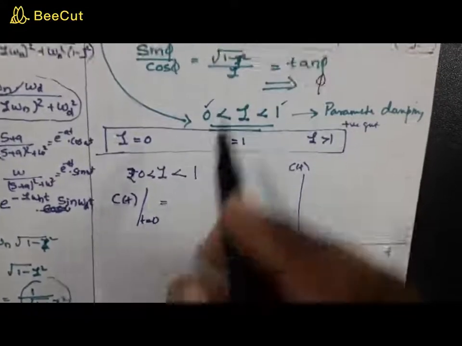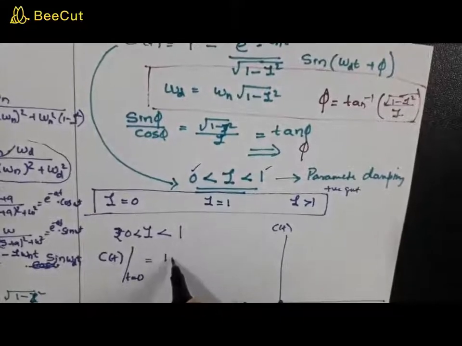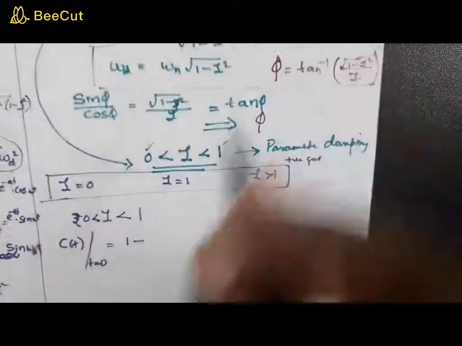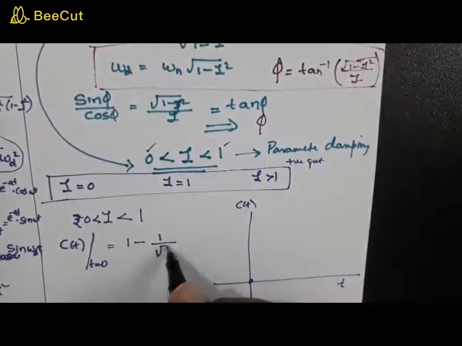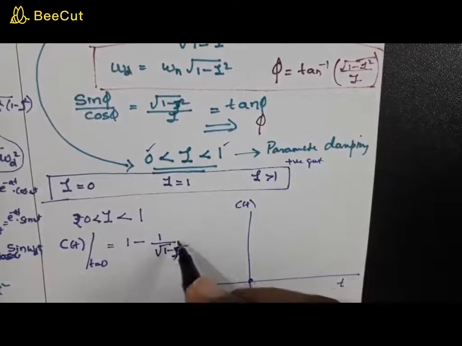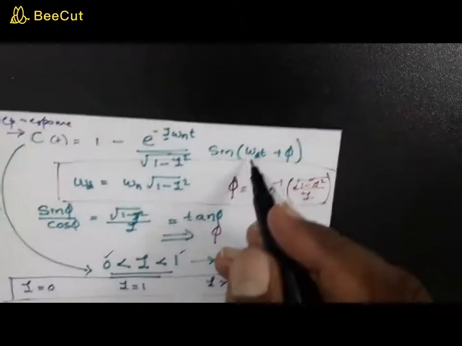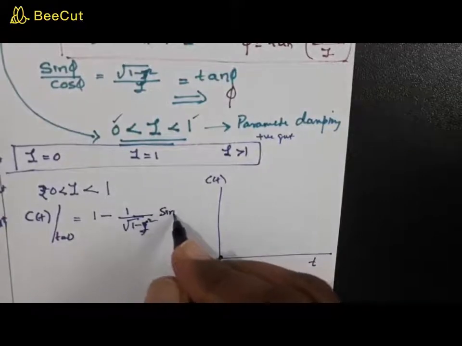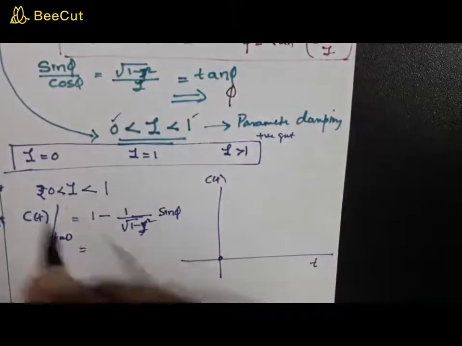Okay, so when you substitute this, you will get this as 1 minus, this part becomes 0, this part becomes 1. So this is 1 by root of 1 minus theta square into sine phi. Now what is the sine phi?